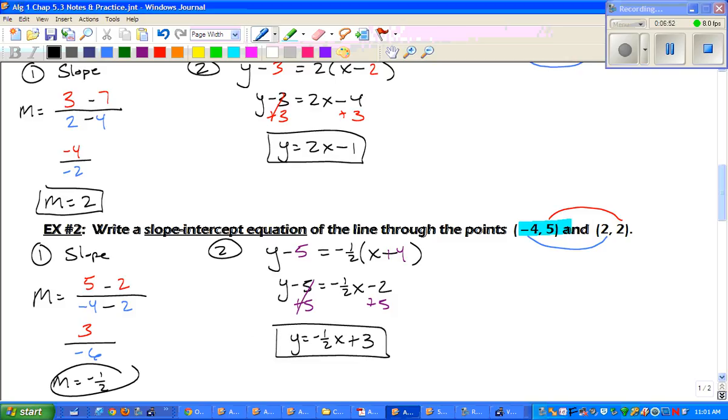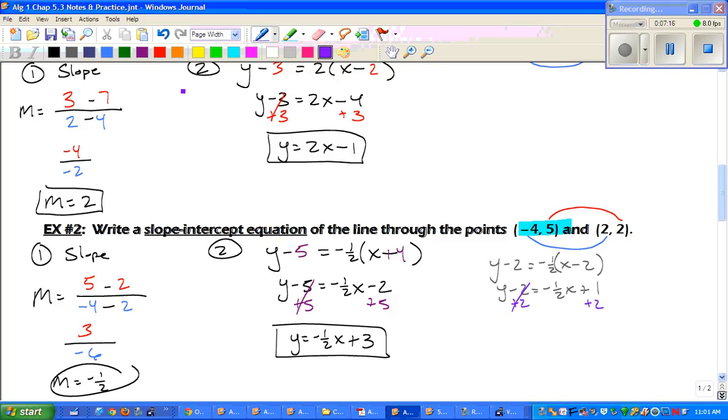You might be like, well, Mr. Grice, I used the other point. How do I know we're going to get the same answer? Well, let's find out. So that'd be y minus 2 equals negative 1/2 times x minus 2. Okay, so y minus 2, when you distribute, you should get plus 1 over there.